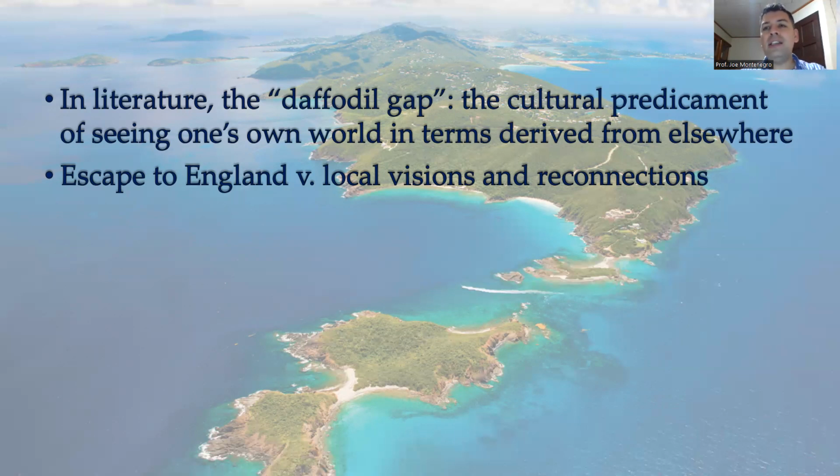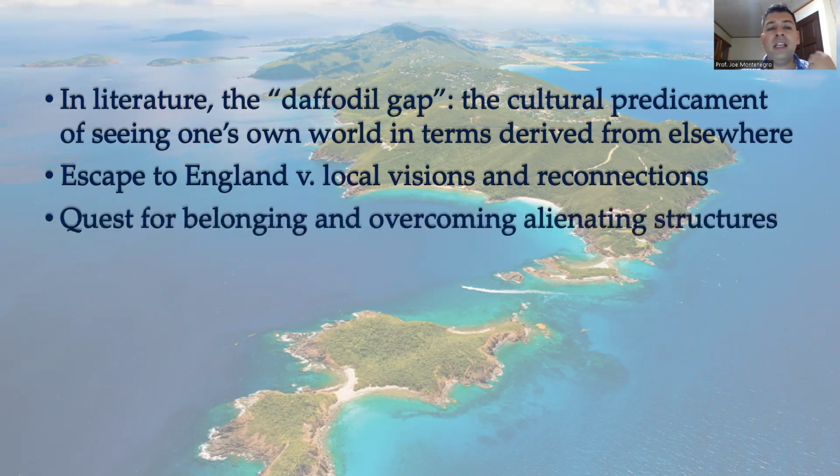So going to England and owning back the resources that the former colonial power has to offer, versus remaining in the country and exploring the local visions and the reconnections with their ancestral heritage. And so there's always this ambiguity and this contrast in the literature. We'll also find a quest for belonging and overcoming these alienating structures, like in the case of the Daffodil Gap or the European influence.